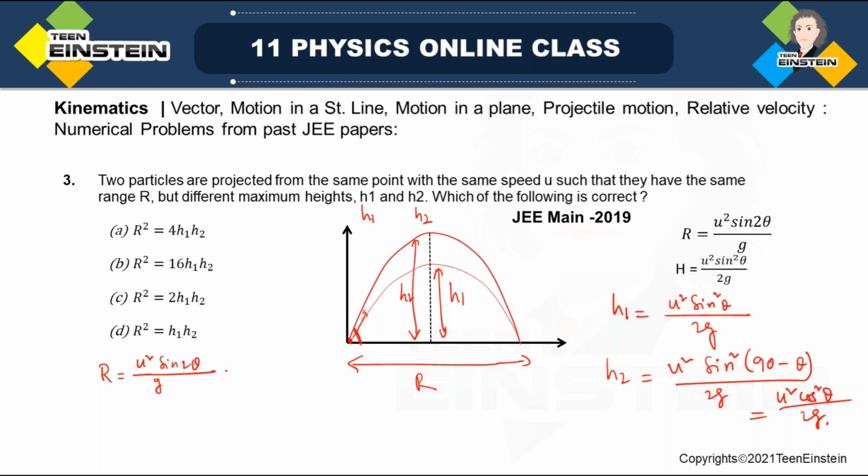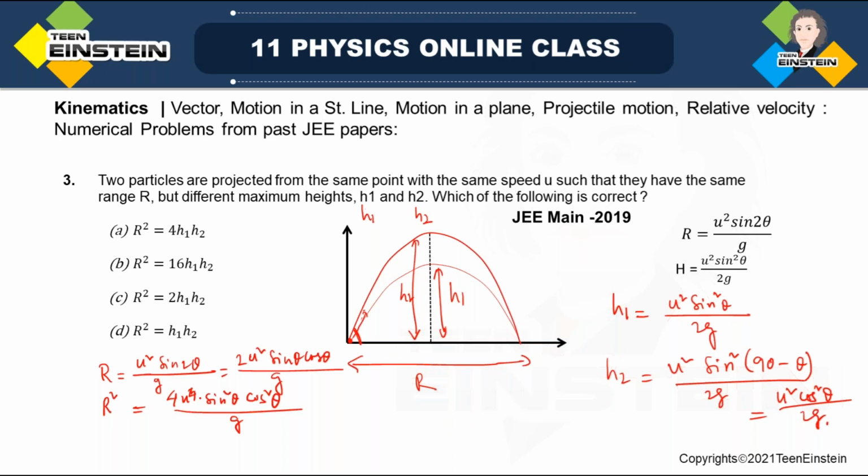So I can just break this sine 2 theta by writing 2 sine theta cos theta, so 2 u square sine theta cos theta, without losing any generality. Now look what we can do. We can just square both sides, so you'll get 4 u to the power 4 sine square theta cos square theta divided by g.